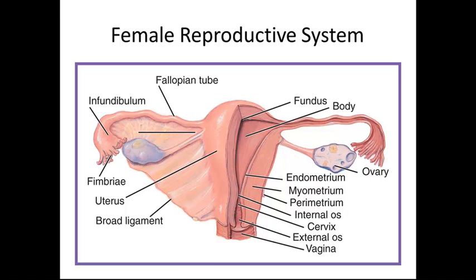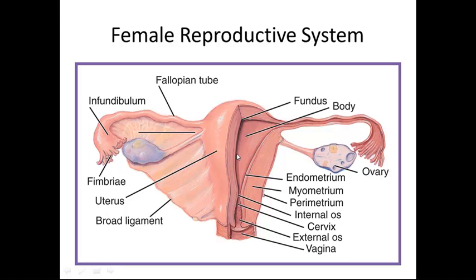Here's another picture of the internal female reproductive system. It is important to note that the fimbriae do not attach to the ovaries. The ovaries release the egg, and the fimbriae help guide the egg into the fallopian tubes to be transported to the uterus.